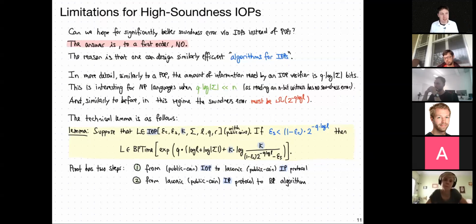Maybe with slightly different polynomial factors, which won't matter in the exponent. And yeah, so this is roughly the takeaway: as of today, we know that IOPs can help us a lot with proof length. We do not know yet how they can help us a lot with soundness error.